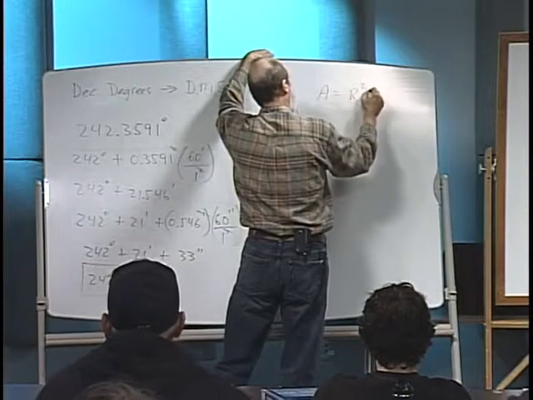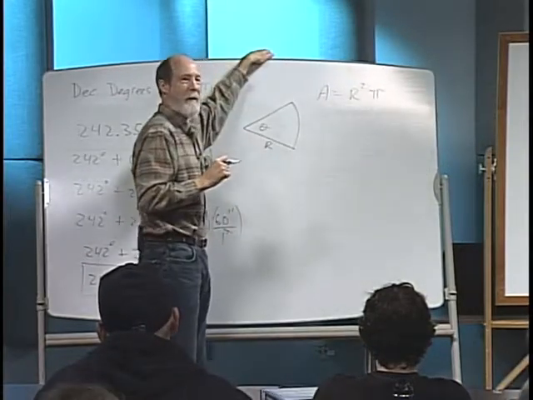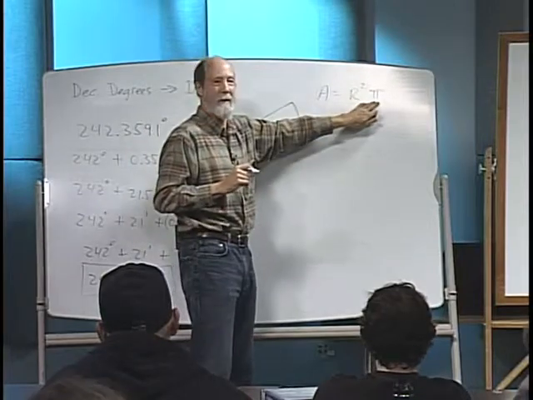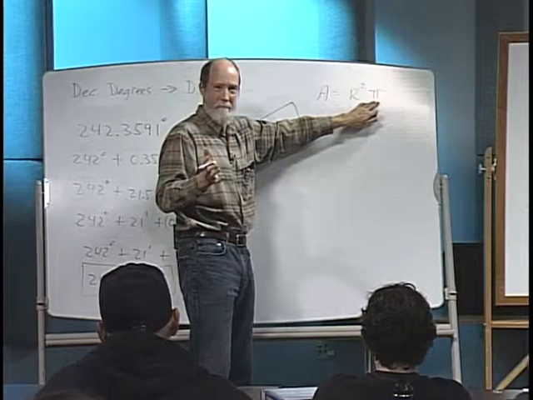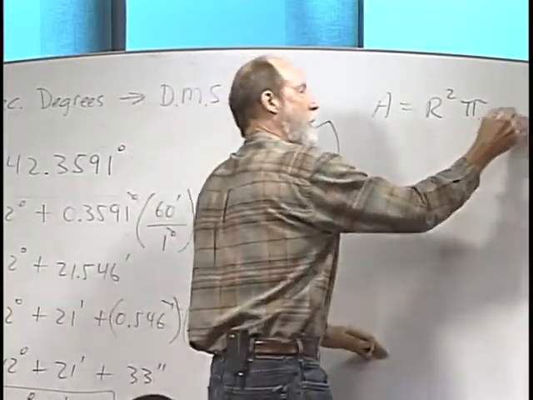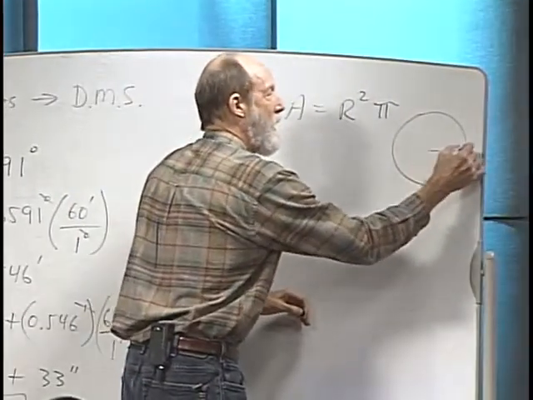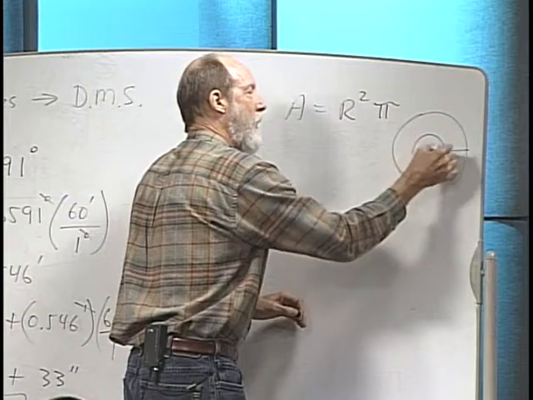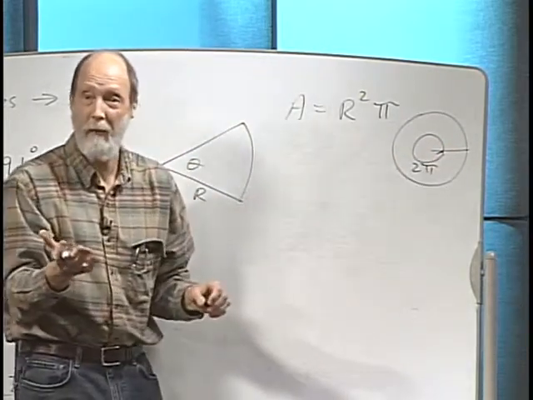Now I'm going to write that in a less familiar form. R squared theta for a complete circle instead of pi r squared. Okay? Now notice that this measurement for a whole circle involves a complete rotation of 2 pi radians, right? 2 pi radians.